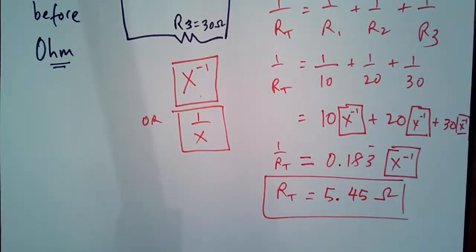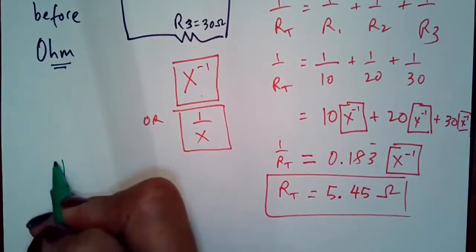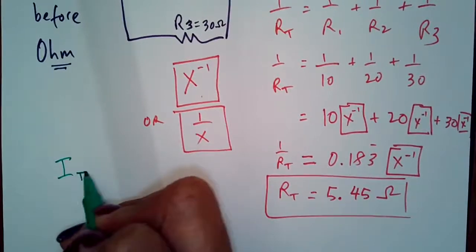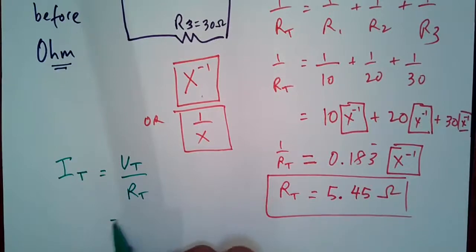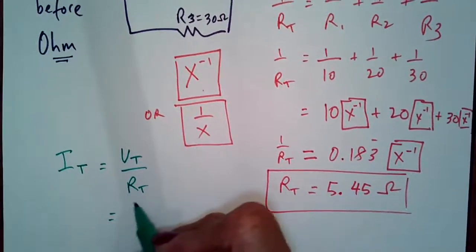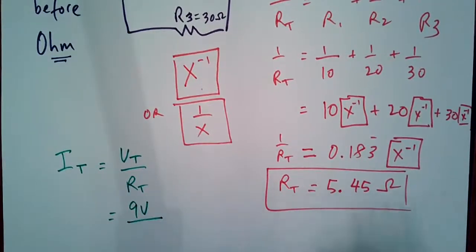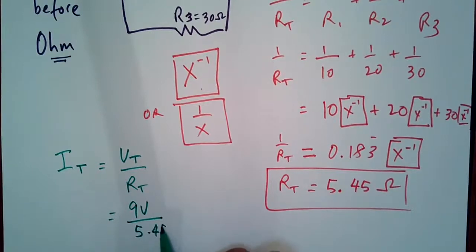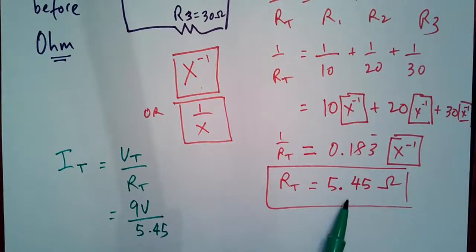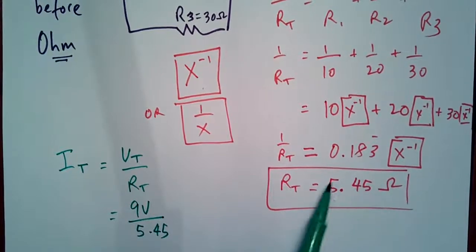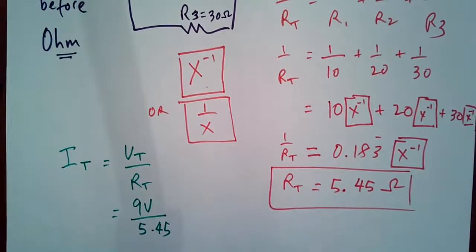Now that we know the total resistance, we can calculate the current. So IT equals VT over RT. Total volts is 9 divided by 5.45. Again, because this is a parallel circuit, the total resistance is still lower than the lowest resistance that you have in the circuit.